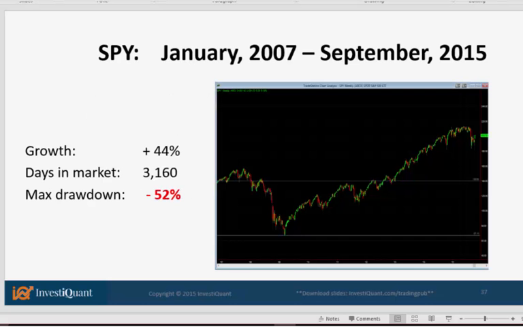This is a chart of SPY from January 2007 to September 2015. Again, I'm going back to 2007 because that's as long as we have lead archive. We go back 10 years from 2007, so back to 1997, is as far back as we were able to build our acceleration model that does use some intraday data, complete intraday data going back that far.